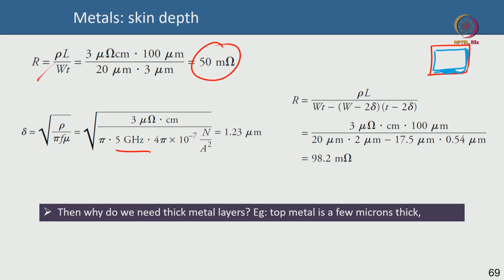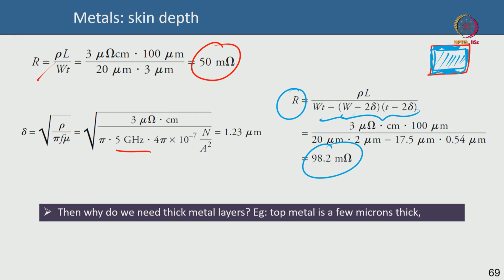Can you see that? Current is only flowing in this. So I have to subtract out this white part, and that's what I am doing here. If I do that for the same line which had 50 milliohm resistance, the resistance for RF becomes almost 100 milliohm. It's a 2 times increase in the resistance of the metal, and that's very, very concerning. So skin depth has to be taken into account.